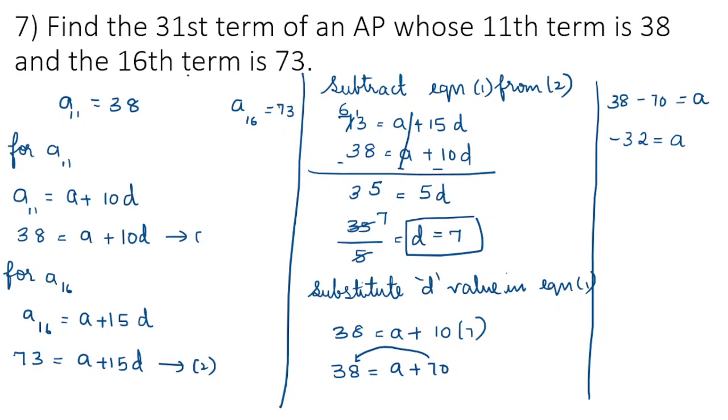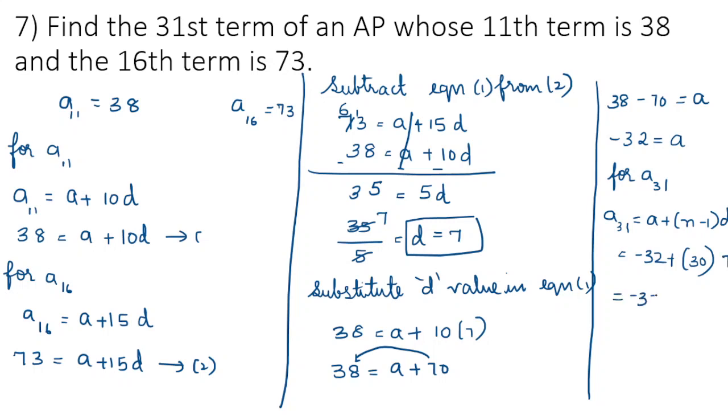Now what we have to do, we need to find the 31st term, isn't it? So for the 31st term, A31 is equal to A plus n minus 1 into D. So A31 we don't know, that is minus 32 plus 31 minus 1 is 30 into D value, which is 7.